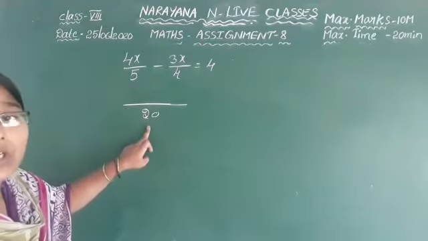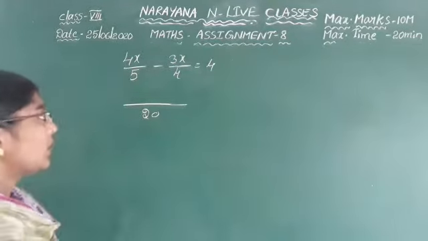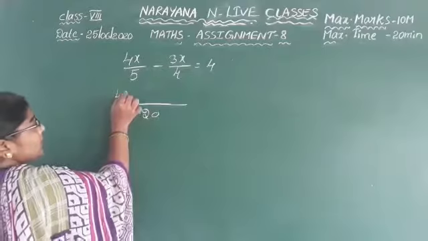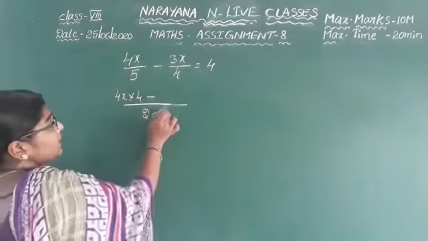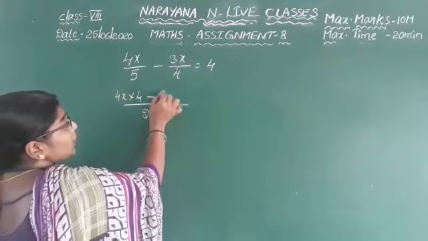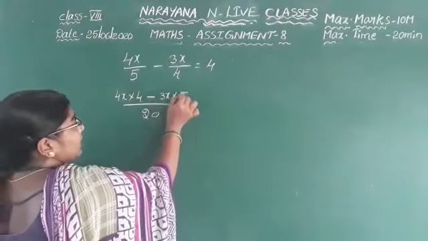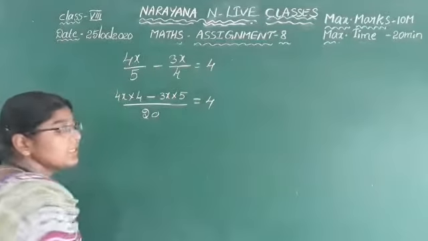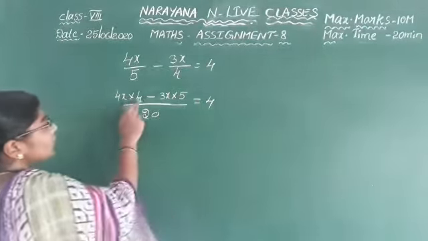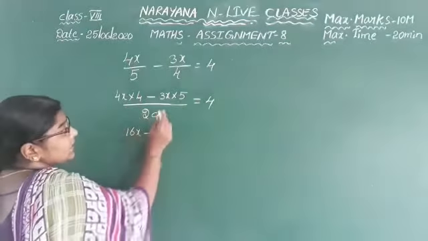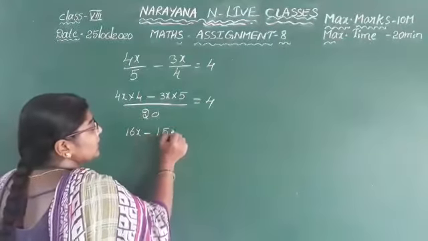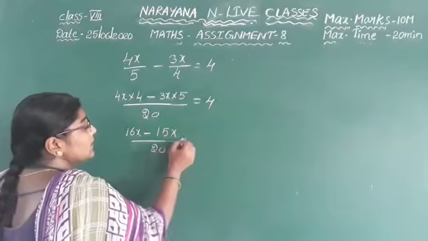In 5 table 20, how many times is it cancelled? 4 times. So 4x into 4 minus, 4 table 20, 5 times, 3x into 5 is equal to 4. So 4x into 4 is 16x, 3x into 5 is 15x, by 20 is equal to 4.